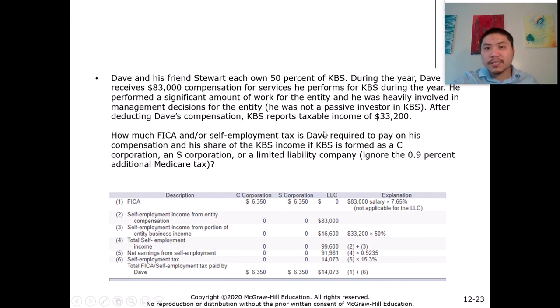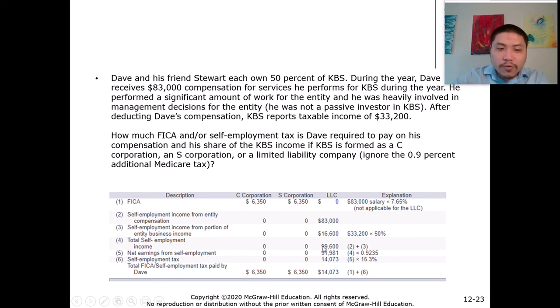Of this company after all expense, after paying Dave $83,000, everything. The net earnings, the taxable earnings, is 33,200, right? And since Dave owns 50% of the firm, he also received, on top of the salary, the payment of 16,600, right?